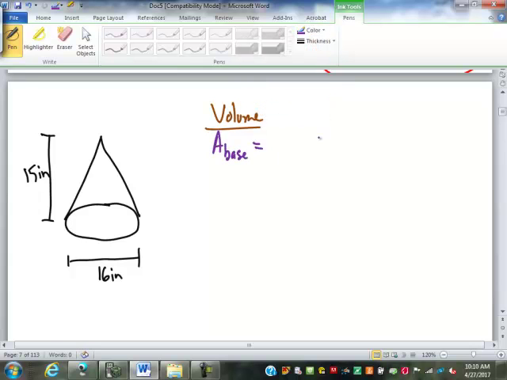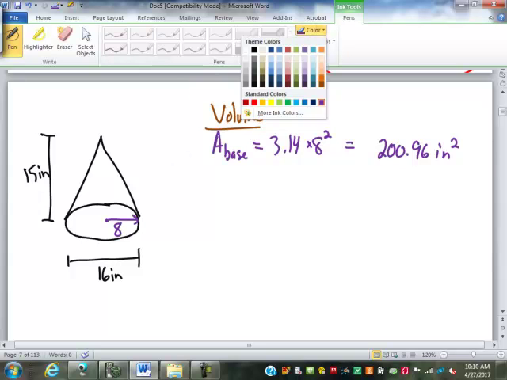Area of the base. So that's going to be pi 3.14 times the radius, which is 8 squared. So pi times 8 squared is going to give us 200.96 inches squared. It's the area of that circle.